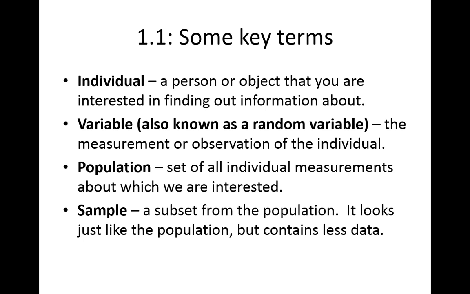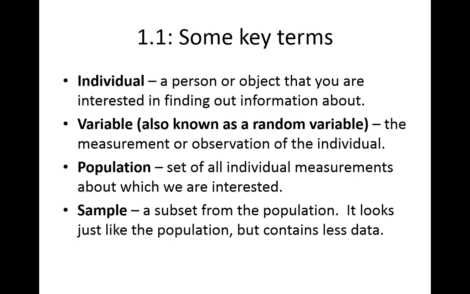We'll start with these key terms, and then practice a little on how to identify in a situation the individual, the variable, the population, the sample, the parameter, and the statistic. So an individual, the first term, is a person or object that you are interested in finding out information about.